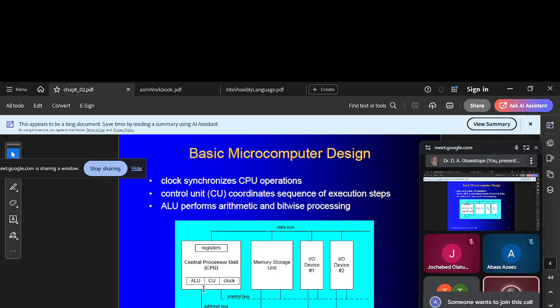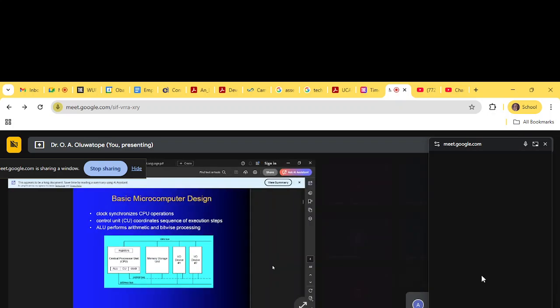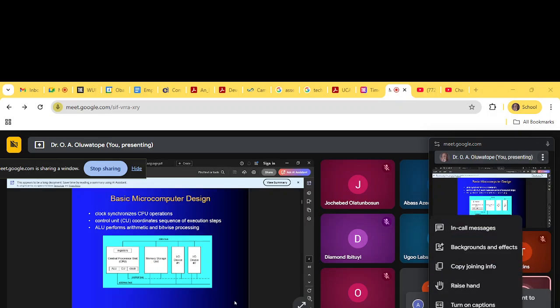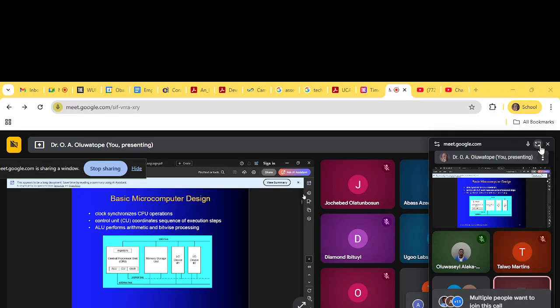So addition will be obtained from the control unit and then sent to the arithmetic logic unit for interpretation. And then the data to be executed will be made available via the data bus.